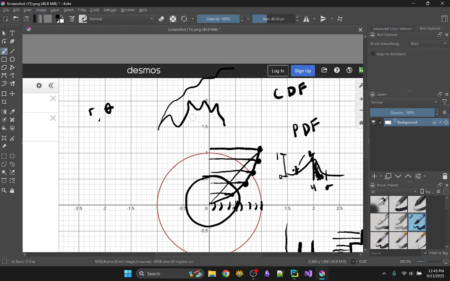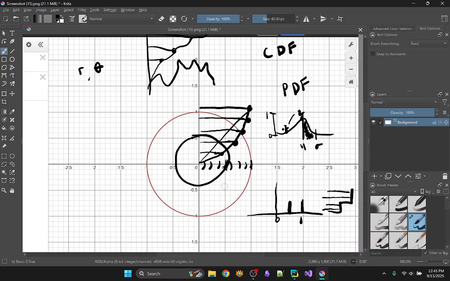As long as the function you give me has an integral that can be calculated, and not all functions can, it's actually not very common, but common enough to have a use case, I think. As long as the function you give me has an integral, I can just sample from the inverse of that and reproduce whatever function you gave me as a random variable, which I think is really cool.